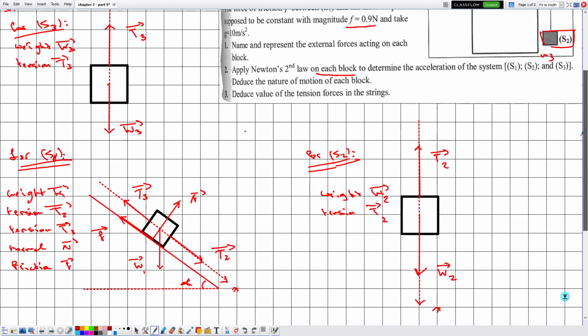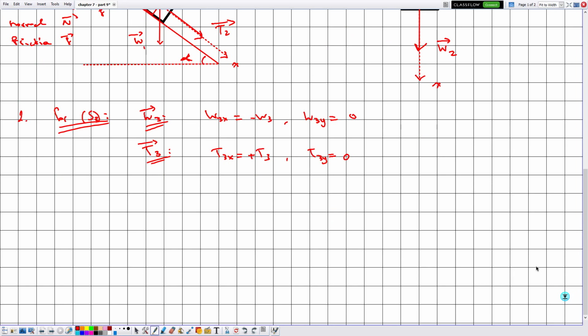Now we are ready to apply Newton's second law. Recall that this is not a condition of equilibrium because we have dynamics. Apply Newton's second law for S3. The sum of forces is equal to the mass M3 multiplied by A, so W3 plus T3 is equal to M3A.